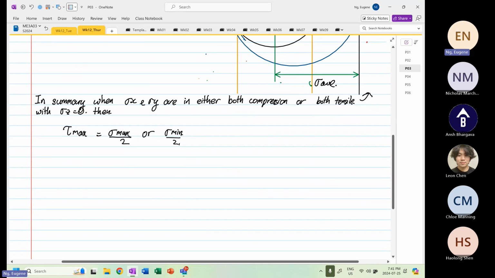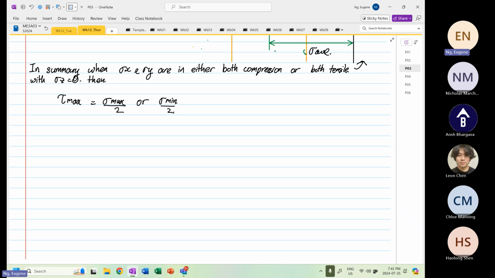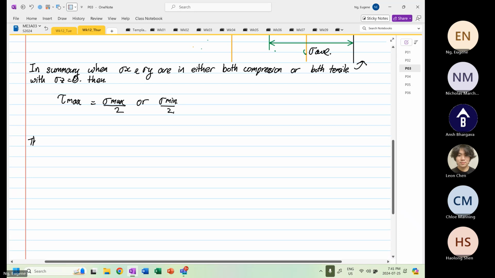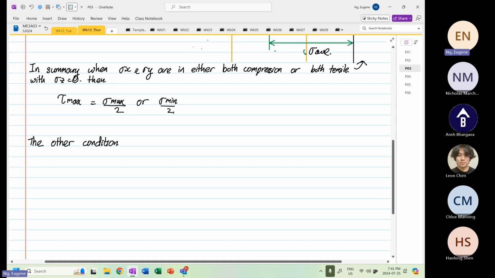So the Tresca condition also states the other condition, where tau max is equal to the absolute value of half of stress max minus stress mean, divided by 2.